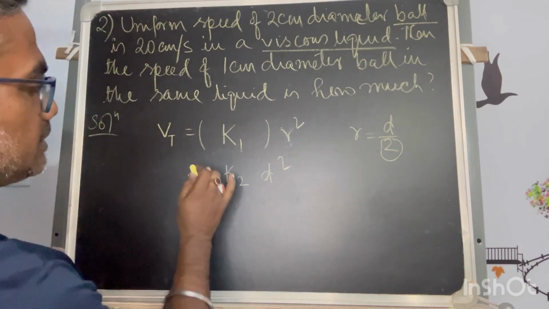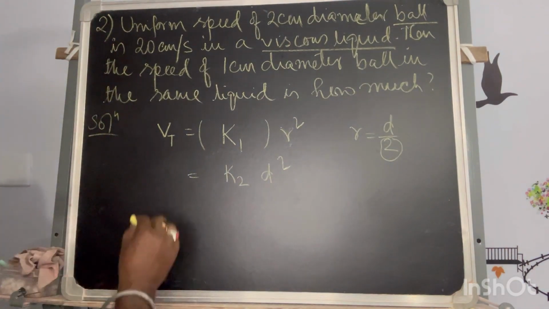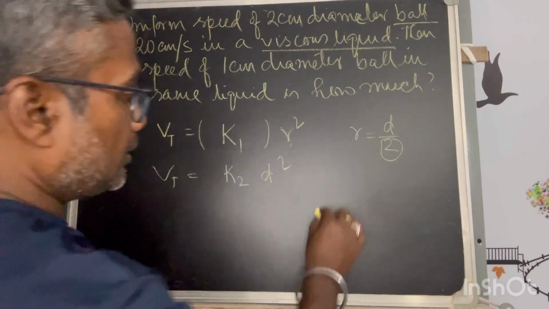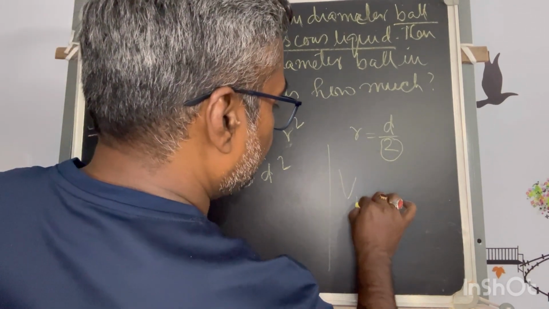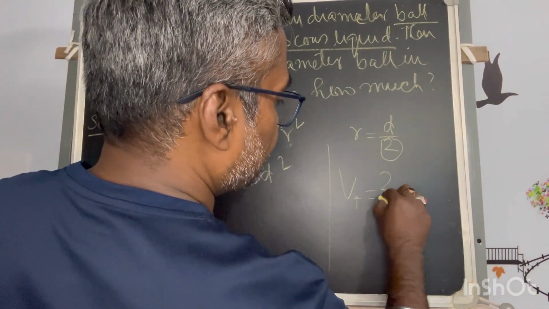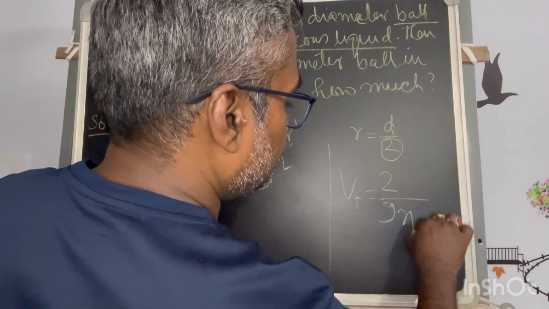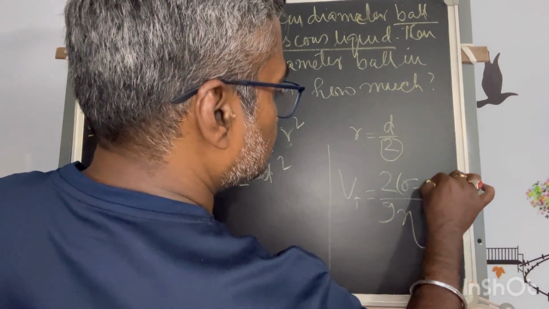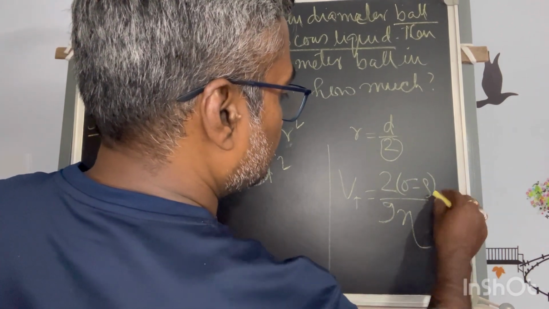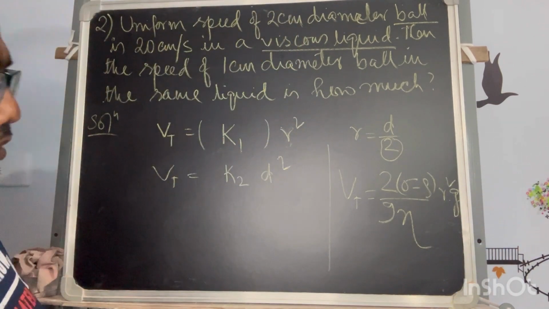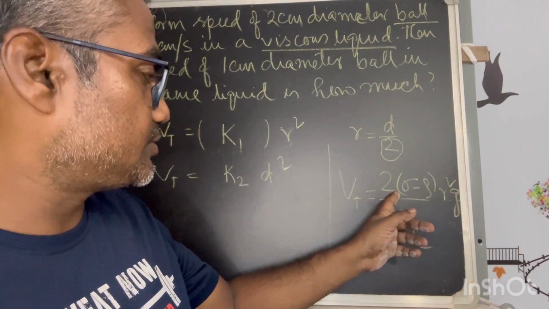Understand? So in the next part, ultimately you need not remember this for this sum particularly, whereas if you want to remember, so Vt is equal to 2 by 9 eta, sigma minus rho into r square into g. Am I missing anything? This was the formula.